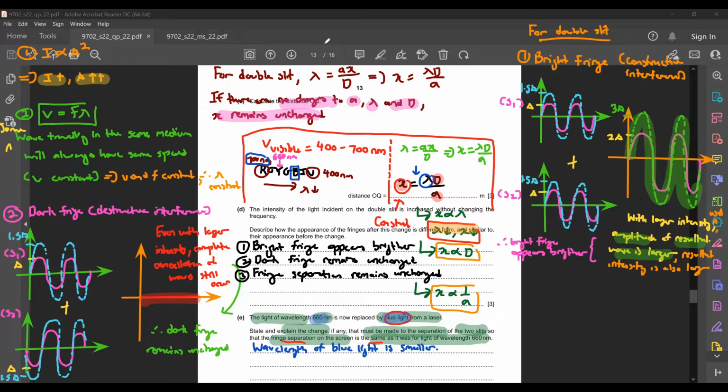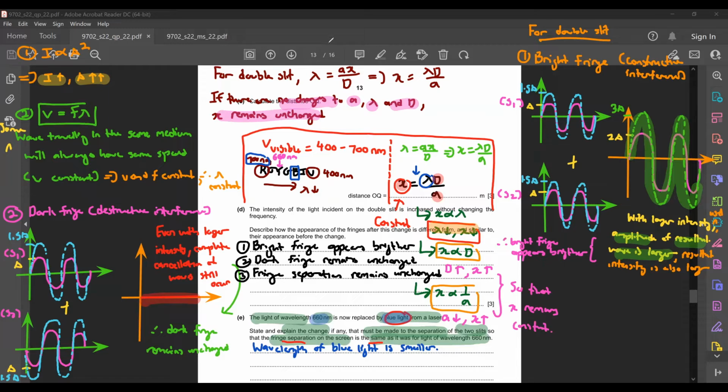So there are two things I can change here. I can say that if D increases, x will increase. And for x inversely proportional to a, I can say that if a drops, x will increase, so that x remains constant.